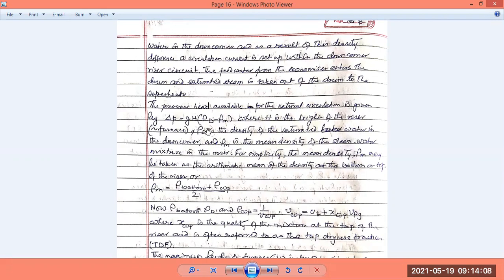And how will you get the mean density? You take the average of the density of the fluid at the bottom of the riser and the density of the fluid at the top of the riser, meaning you divide the sum by 2.